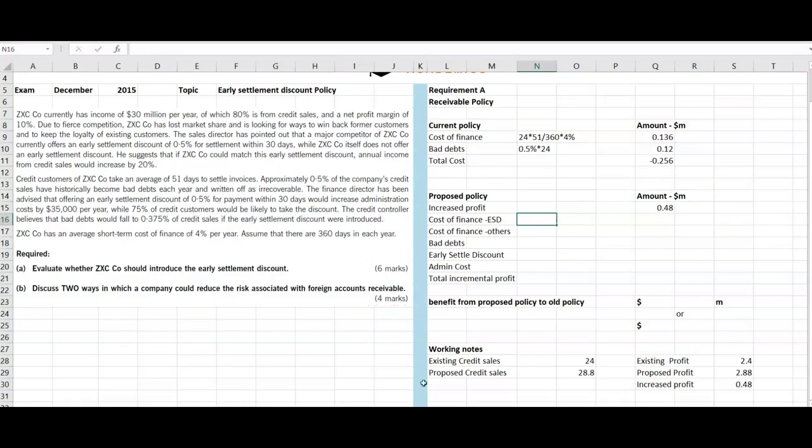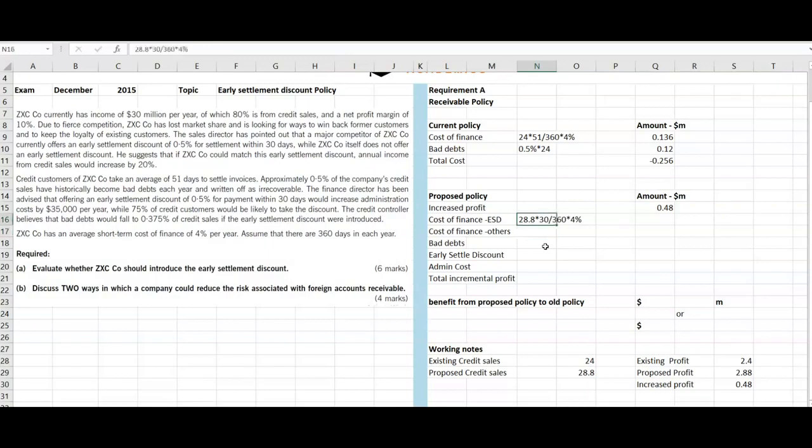So we'll start. If we are going to give the early settlement discount, people will take 30 days to make the payment. So we have to find out what is the cost for 30 days. So we'll take the earlier formula. The sales will change from this number to a new number 28.8. The number of days taken will change from 51 days to 30 days. That's it. We will get this number.